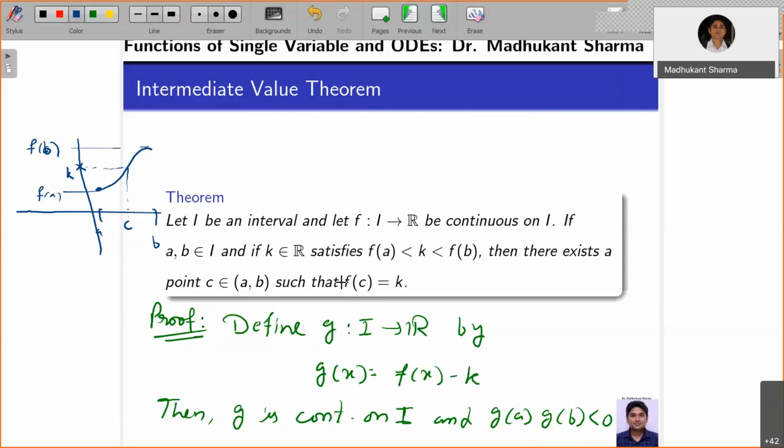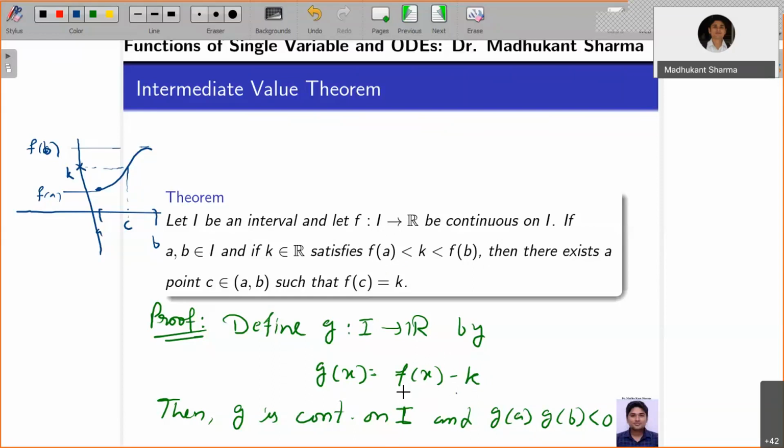Since f is continuous and the constant function k is also continuous, the sum of two continuous functions is continuous, so g is continuous on I.